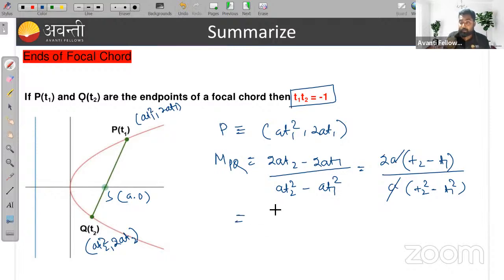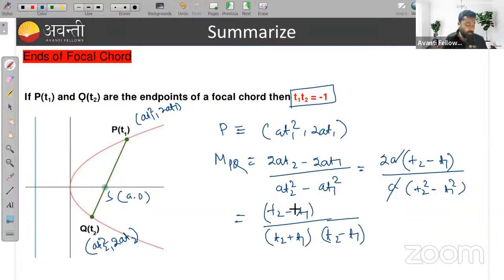The denominator we can write as t2 minus t1 into t2 plus t1, using a square minus b square. Then t2 minus t1 will be cancelled out from the numerator and denominator. What you are having is 2 upon t1 plus t2, the slope of PQ, the slope of the focal chord.